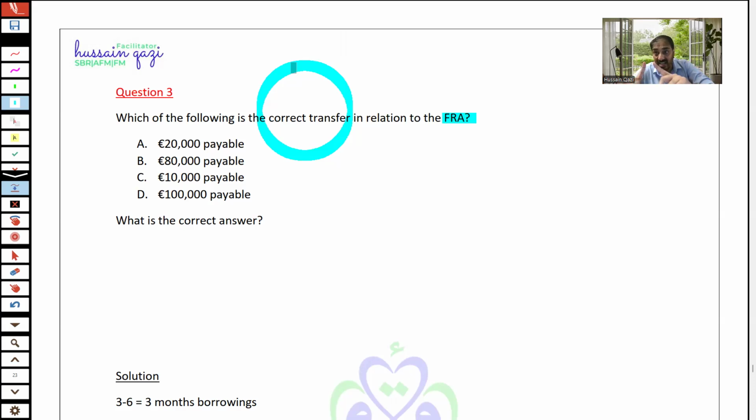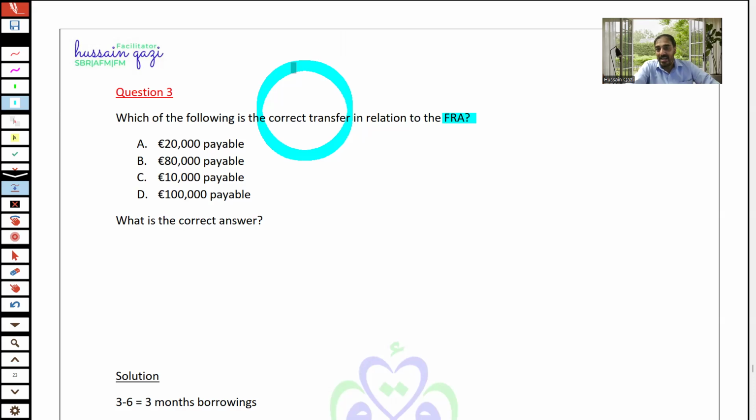Correct transfer doesn't mean how much we need to pay effectively through FRA. Correct transfer means, with respect to FRA, if we enter into a contract of the FRA and it becomes a loss, how much we need to compensate to the bank.